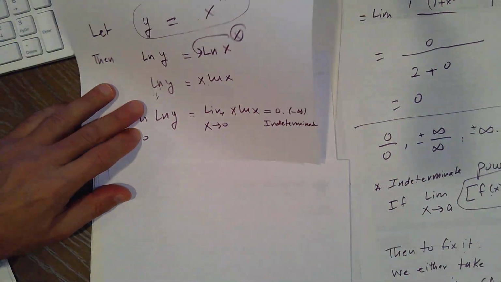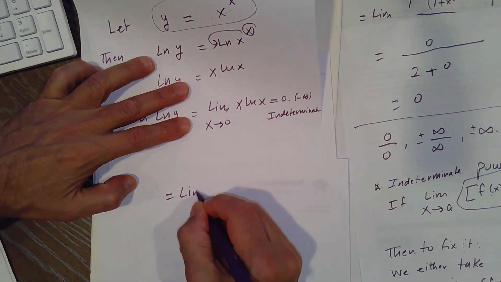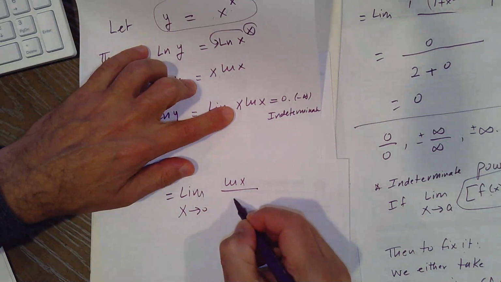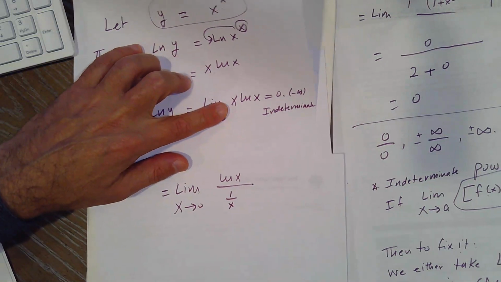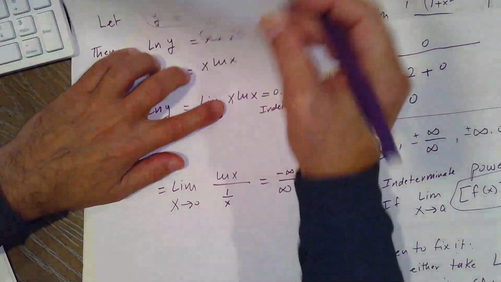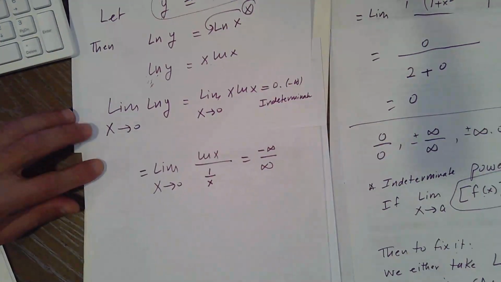So we would write this as the limit as x goes to 0 of ln of x, instead of times x, divided by 1 over x. And now it's negative infinity over infinity, so we can use L'Hopital's rule.